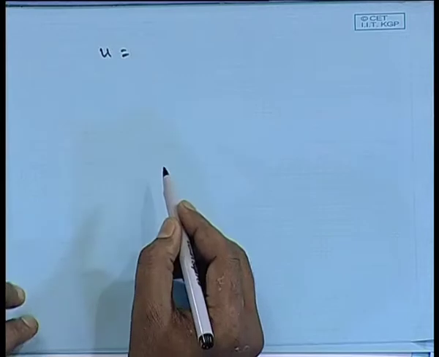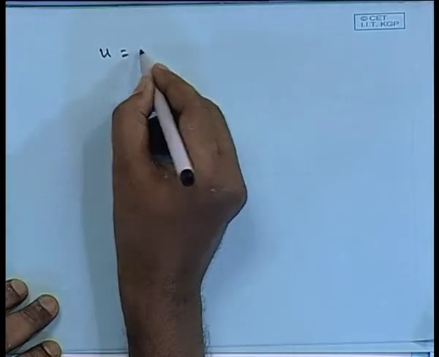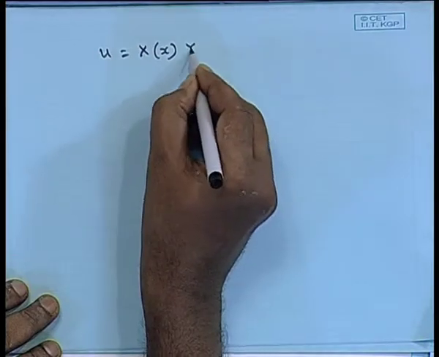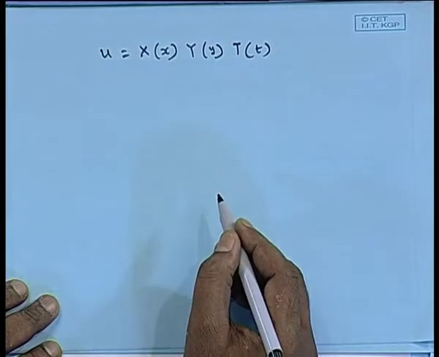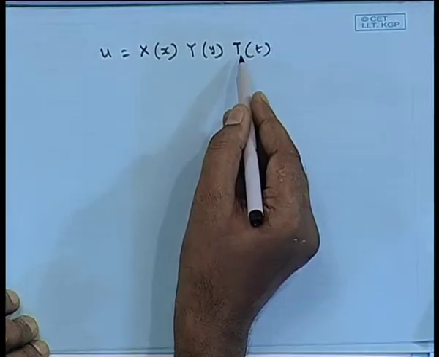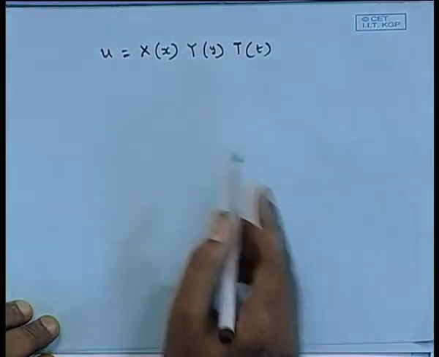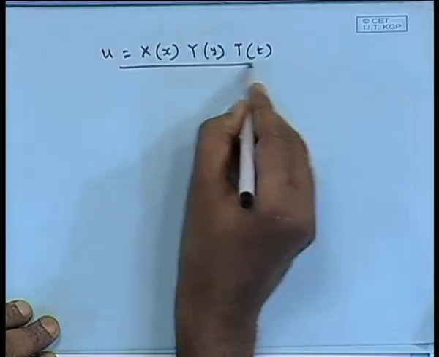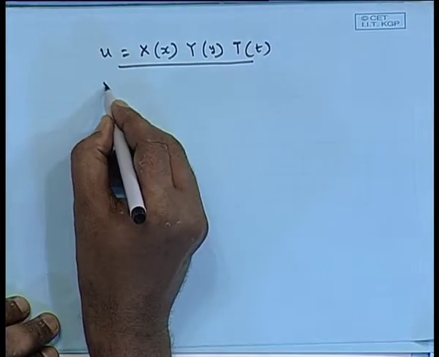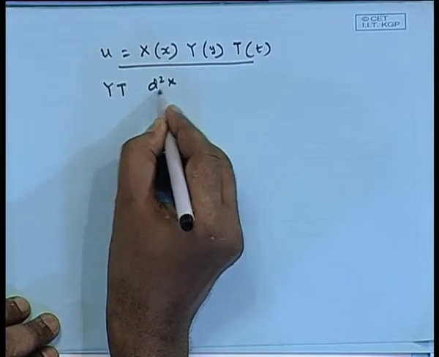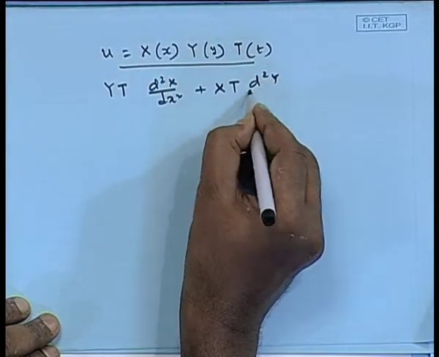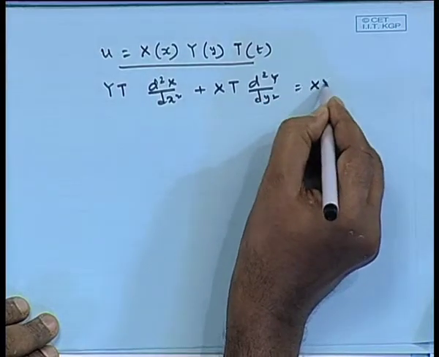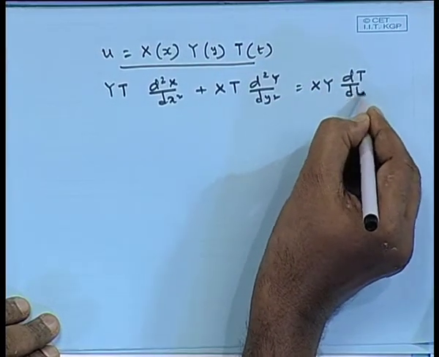Since it is a linear problem, your solution can be obtained in a product form of three things. One will be a function of x, another a function of y, another a function of time only. Because of this t, I define the temperature as u. Please understand that. You replace these in your governing equation, and you will get y times t d square x dx square plus x times t d square y dy square is equal to x y dt dt.